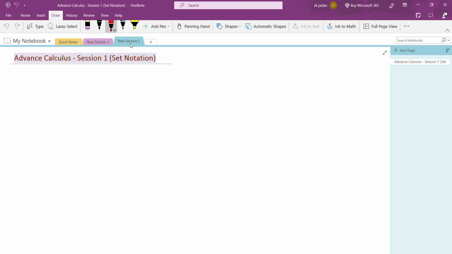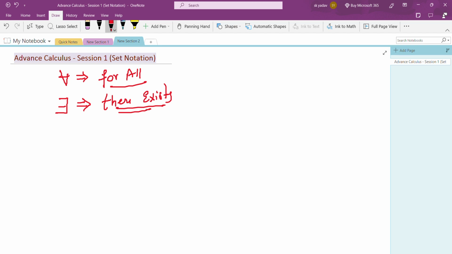We have one more symbol that is normally used: this symbol is for all. Another is E written in reverse order like this, and this symbol means there exists.